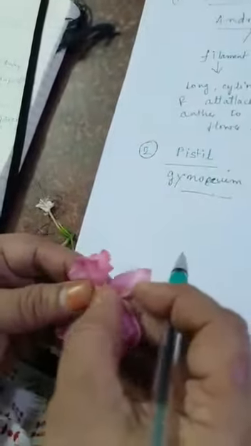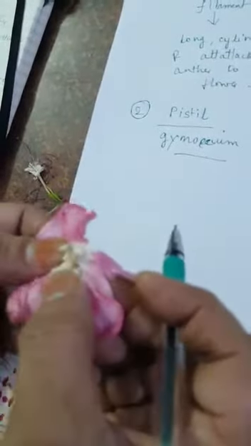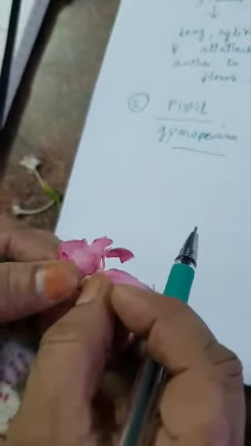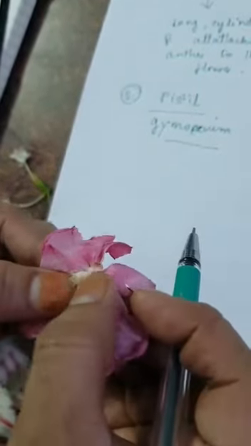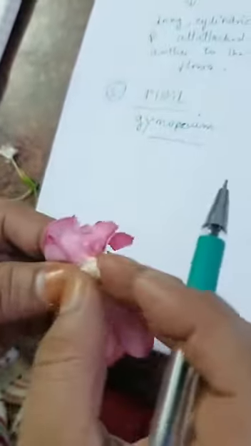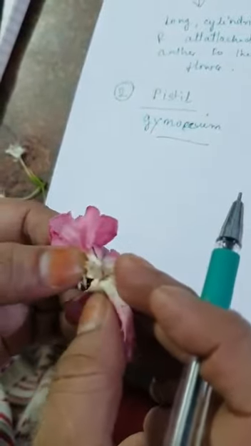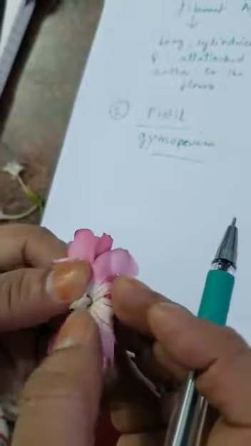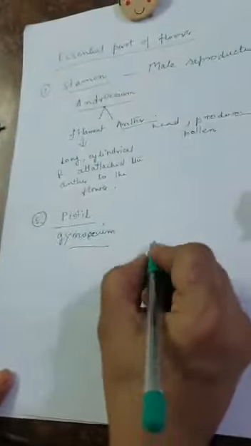Take a flower. In the middle, the female part of the plant lies. It is not very clear in this flower. So the flower is very small, and it is clear in this part. So come here. Structure of pistil.